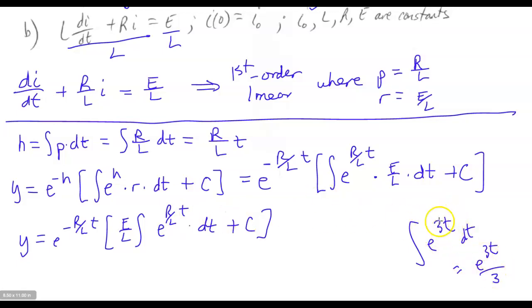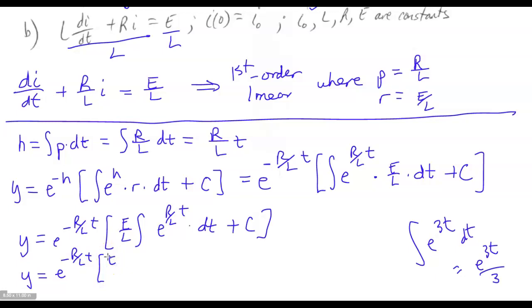So here, notice that we got a 3 here. This is essentially 1/3 times e raised to the 3t. So when I take the antiderivative of this, it's just going to be the reciprocal of R divided by L, which is L divided by R, times e raised to the R/L t. Okay, so we know that in this next step, that's what it's going to end up being.